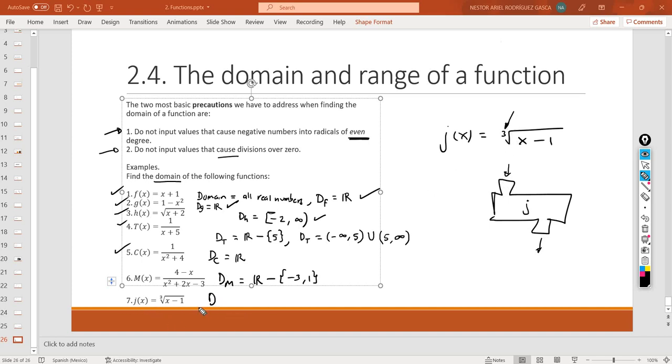So once again, the domain of j is all the real numbers. By the way, this can also be written like this, guys. The domain of j is equal to the interval from minus infinity to infinity, which is all the real line from way to the left towards the right. All the numbers.